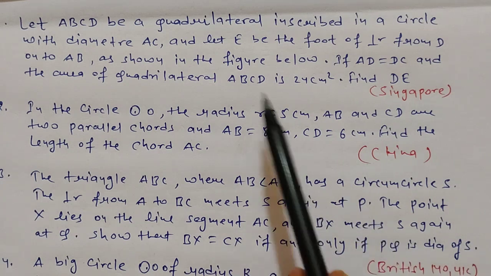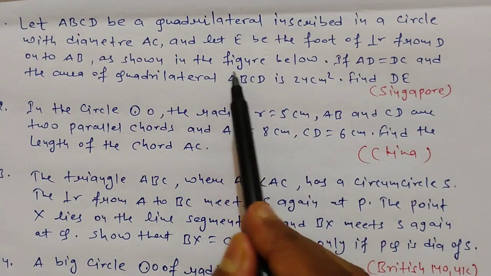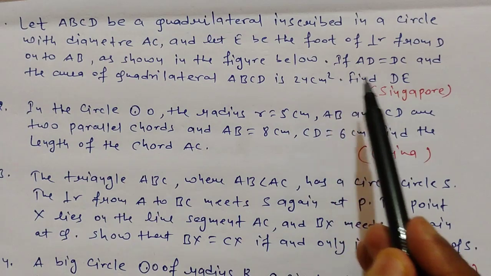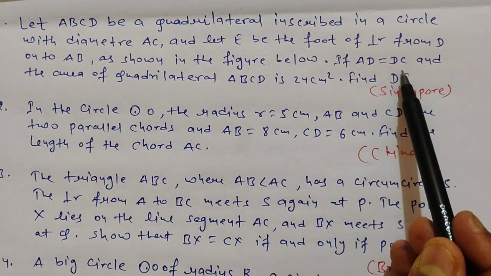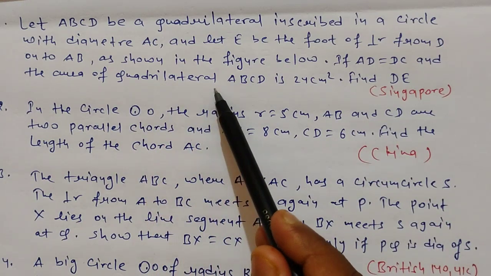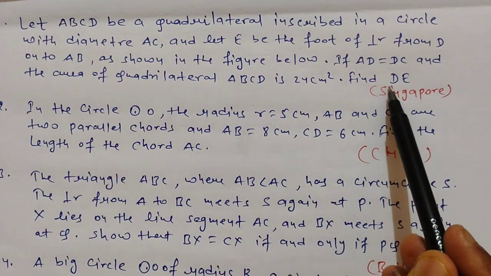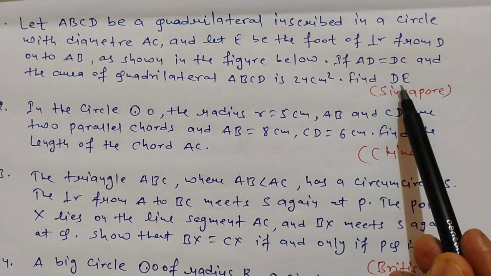We have to draw the figure, and thereafter you will be able to see the construction for better clarification. If AD is equal to DC and the area of quadrilateral ABCD is 24 centimeter square, then find the length of DE.